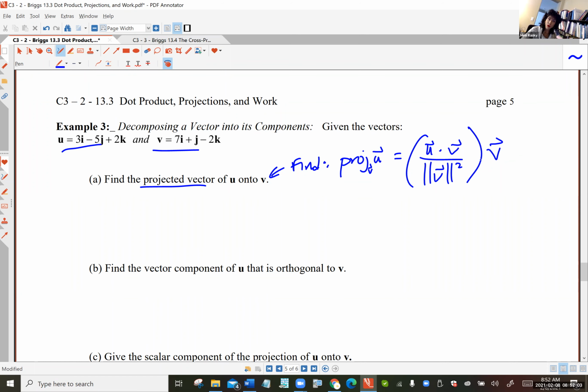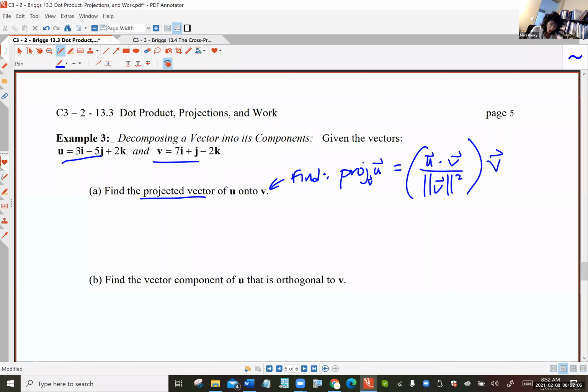It's backwards from what you would think. When you project a vector u onto the vector v, you're projecting u onto v. In the formula, who shows up the most times? Does the vector u show up more or the vector v? Even though the vector u is the one that you're projecting, who shows up the most times? V. Isn't that interesting, huh?